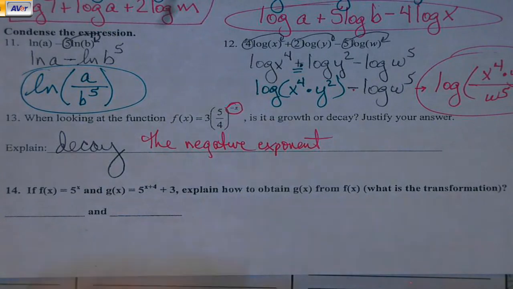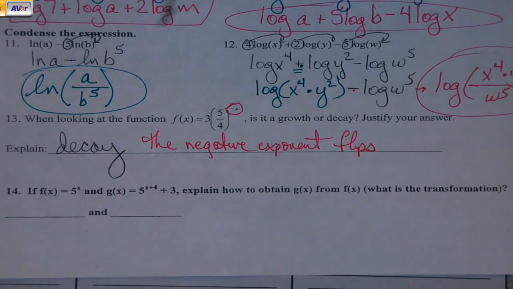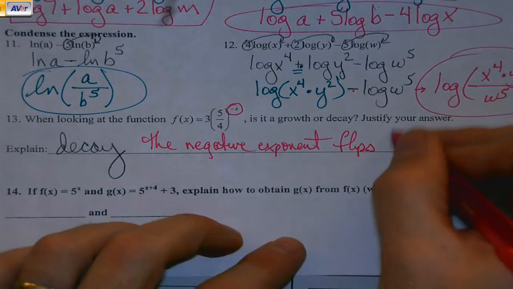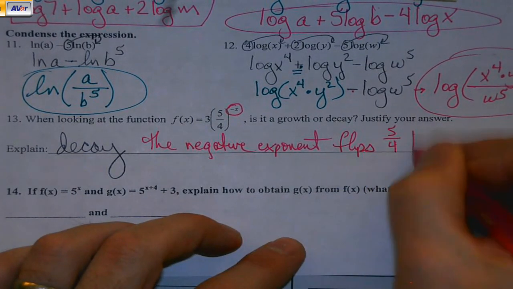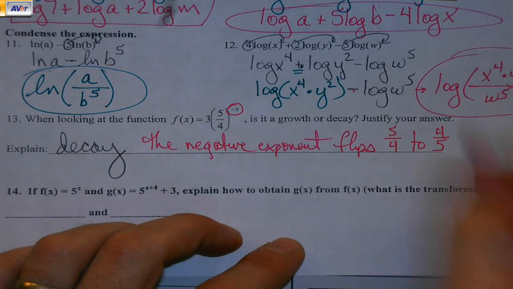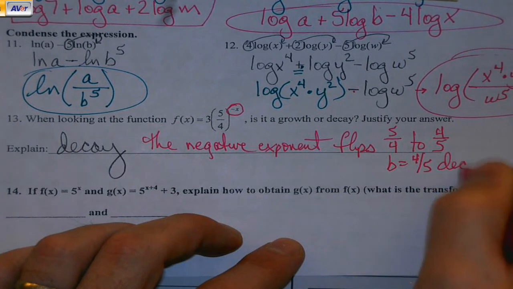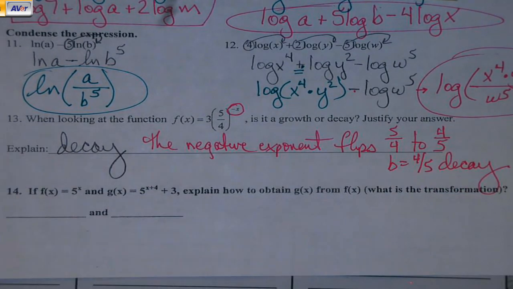The negative exponent flips, or creates a reciprocal, 5/4 to 4/5. And if b is 4/5, that's the definition of decay, because it's less than 1.